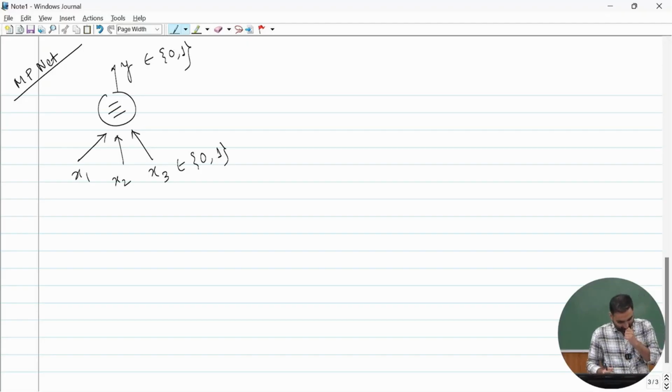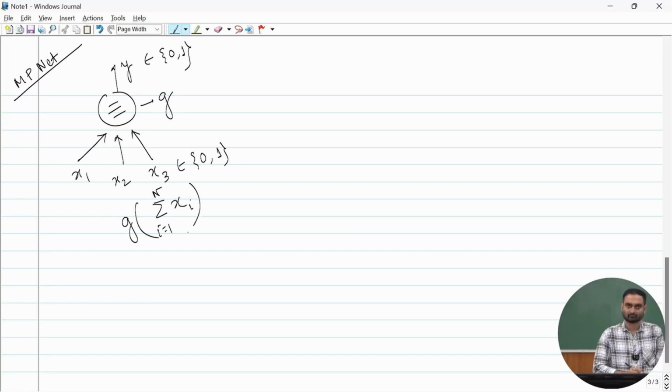So what it essentially does is take the sum of all these inputs, the sum of all xi from 1 to n, the number of inputs, in this case 3 inputs, right? And let's say you have a function here, g. You pass it through g.